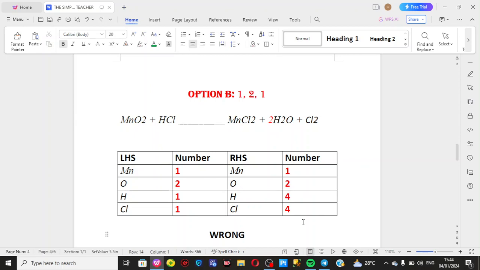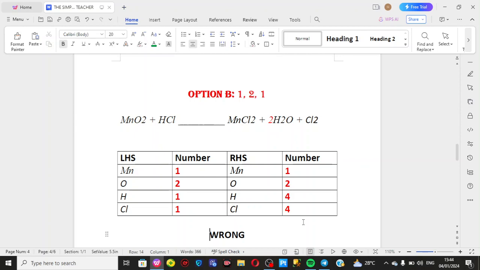At the left hand side, how many manganese can you see? It is 1. At the right hand side, how many can you see? It is 1. At the left hand side, how many oxygen can you see? 2. The right hand side, how many oxygen can you see? The 2 in front of H2O will multiply everything there, so it is still 2. Now manganese and oxygen, they are all balanced.